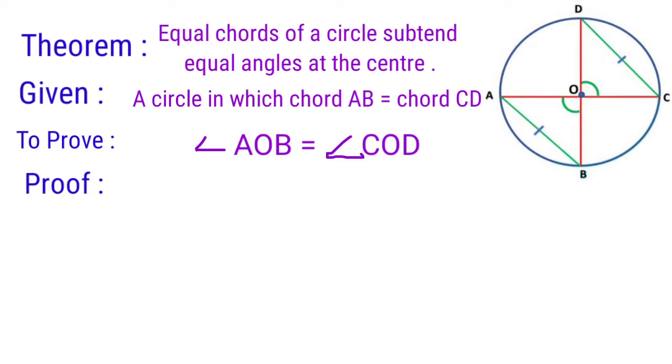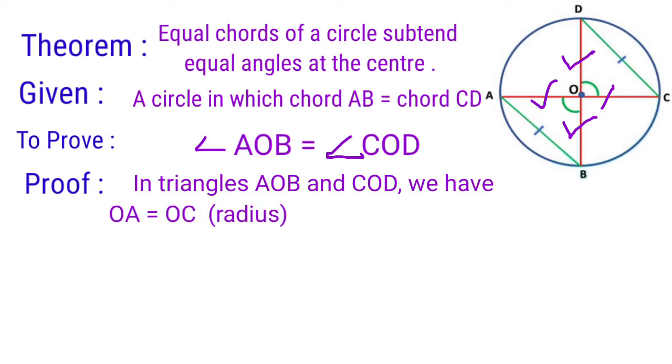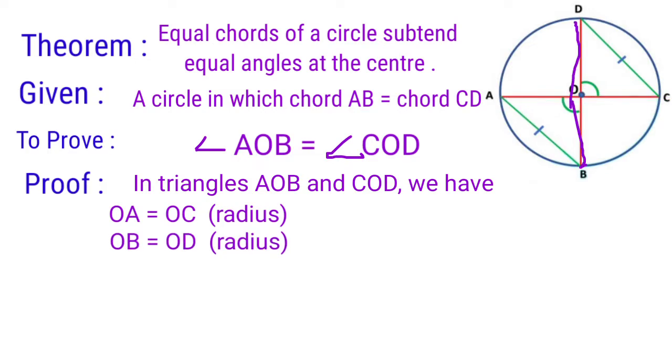Now the process. In triangle AOB and triangle COD, if you see properly, OA, OB, OC, OD, what are all these things? All these are radii of the given circle and all radii are equal. So OA is equal to OC, that is radius. OB is equal to OD, that is also radius.